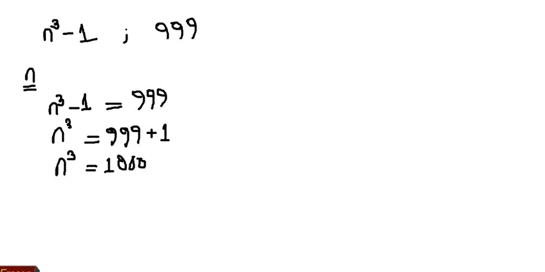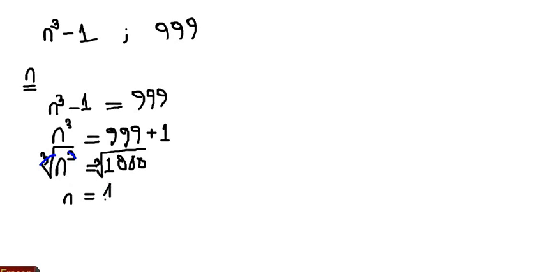So to get n, we introduce the cube root on both sides, because we want to cancel the cube. The cube root and the cube will cancel on the left, meaning we'll remain with n, and on the right hand side, the cube root of 1000 is 10.